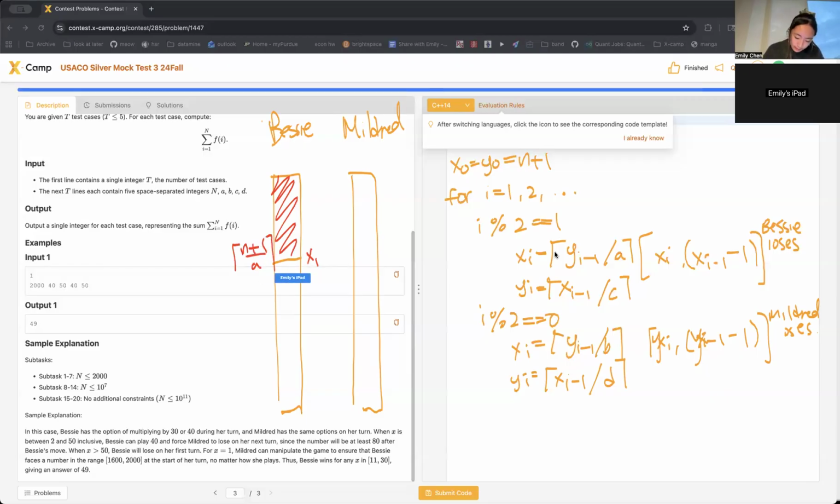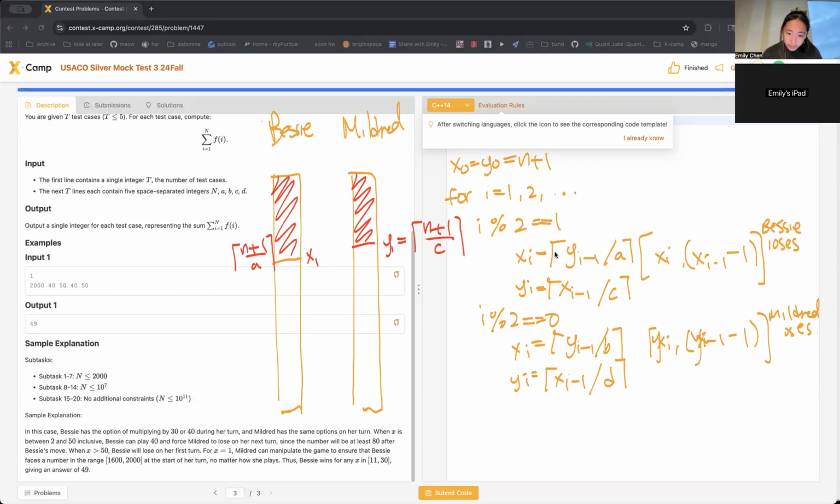And similarly, in this interval over here, of a different size possibly, this is y of 1, which is (n plus 1) over C. For all of this interval, Mildred would lose.